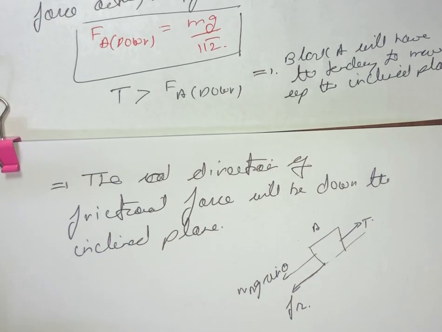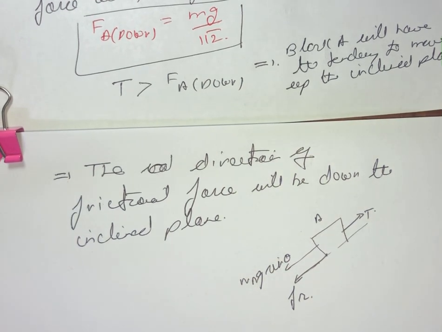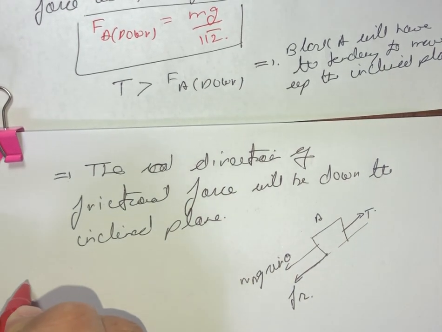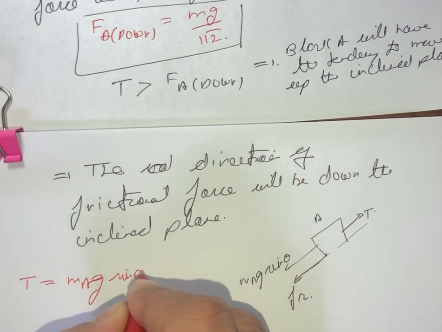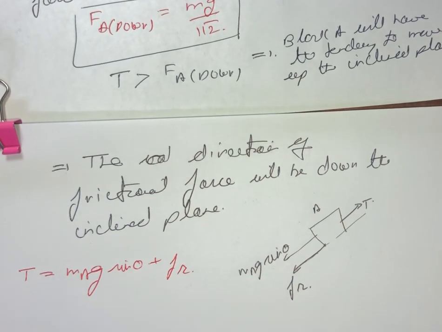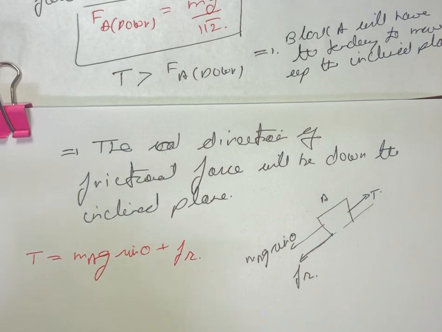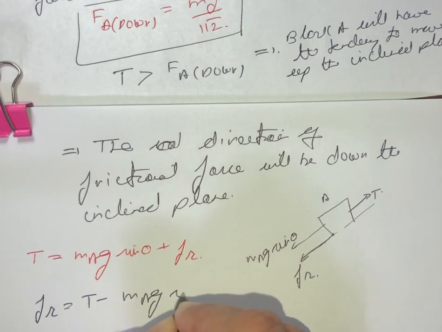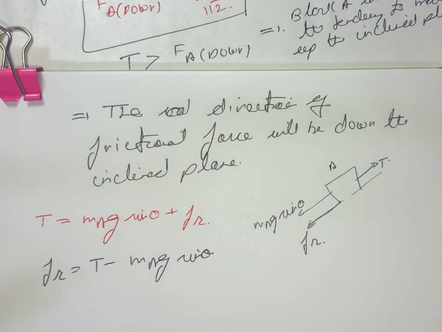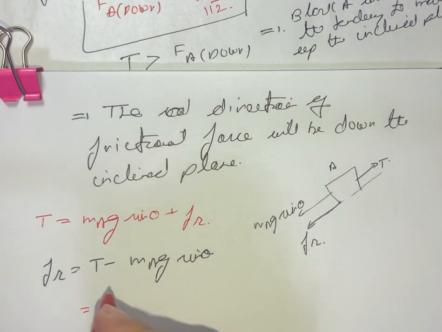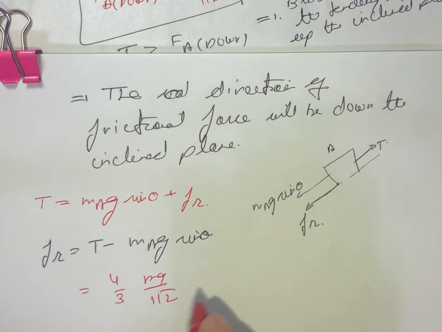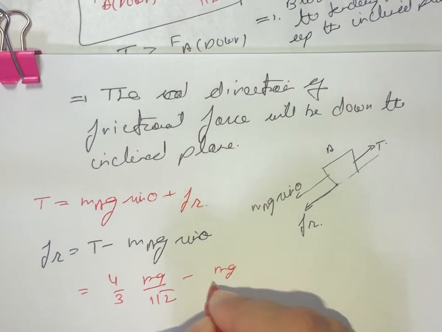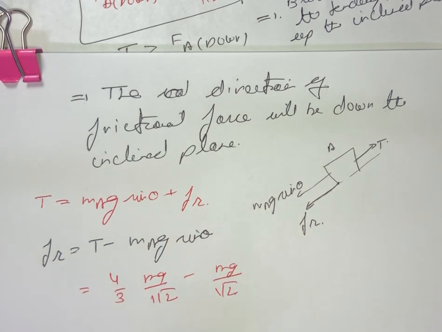We already said that block A will be in equilibrium, so we can write that tension T will be equal to ma g sine of theta plus FR. From here, FR will be equal to tension T minus ma g sine of theta. Substituting the value, T is 4 by 3 mg by root 2 minus mg divided by root 2.